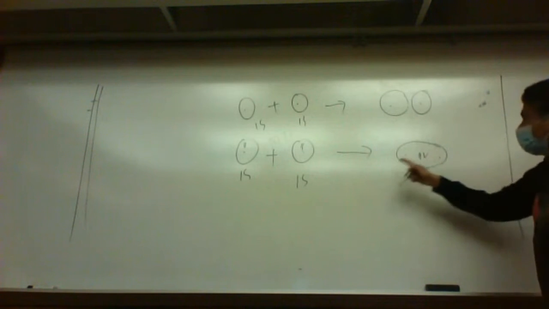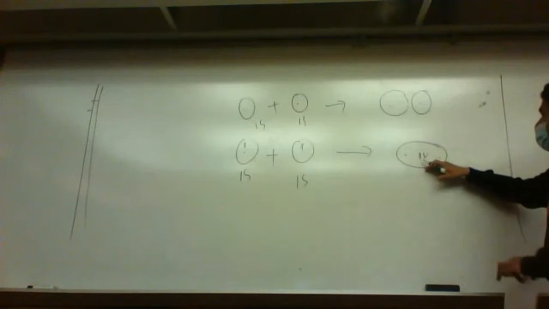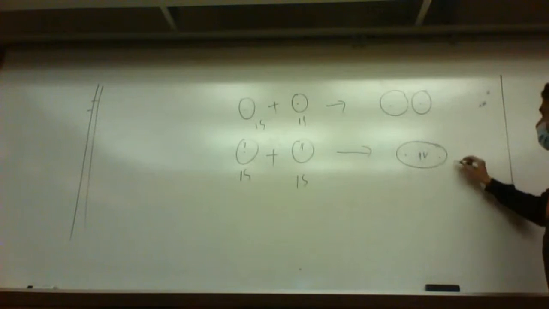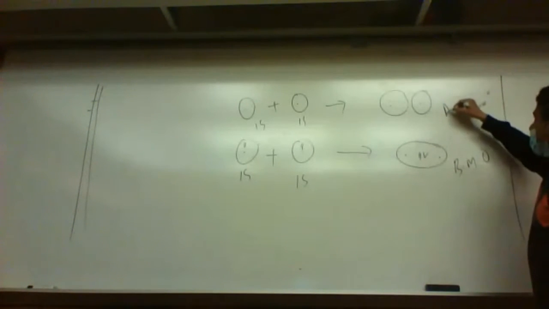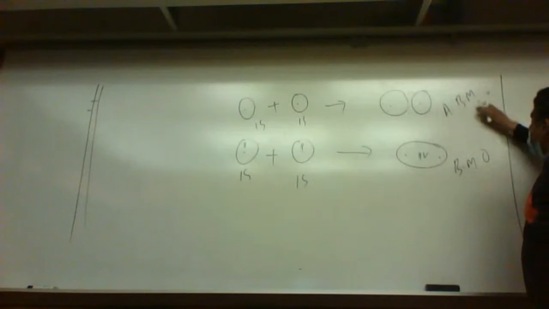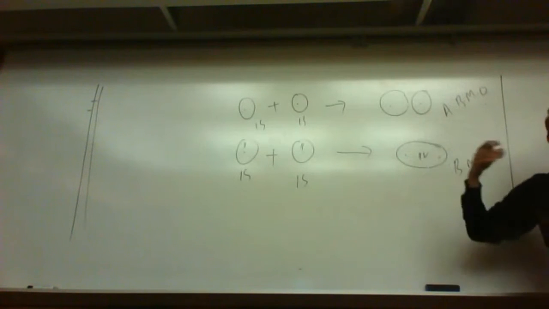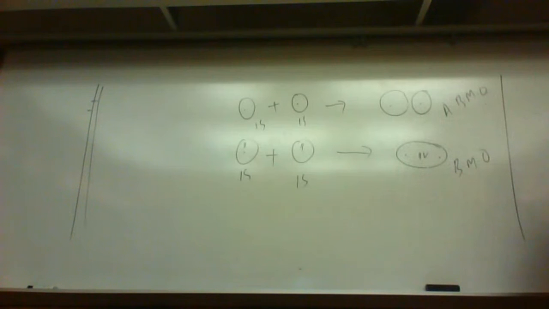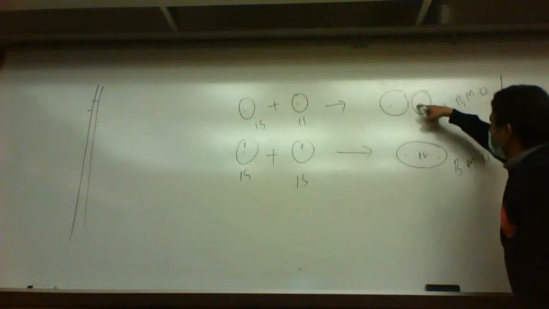You see, here these two lobes are just overlapping each other and making the bonding molecular orbital. And this is called the anti-bonding molecular orbital. So this makes the system stable, this makes the system unstable. Make sense?